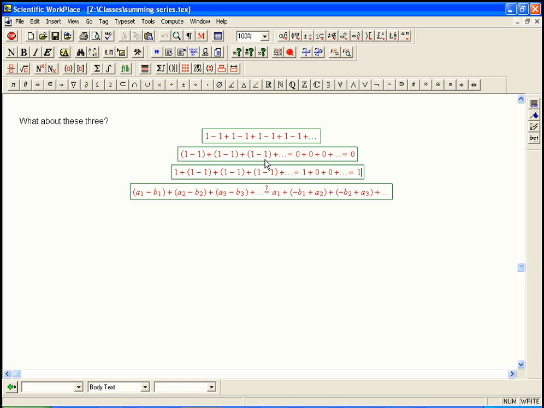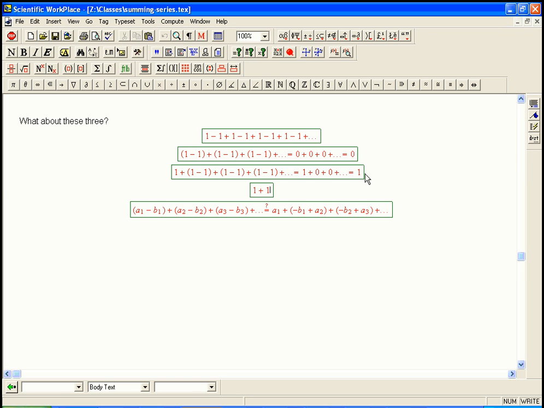What's another couple of sequences we could do? We could try to compare this to 1 plus 1 plus 1 plus 1 plus dot, dot, dot, plus minus 1 plus minus 1 plus dot, dot, dot. Group all the ones together and all the minus ones together.